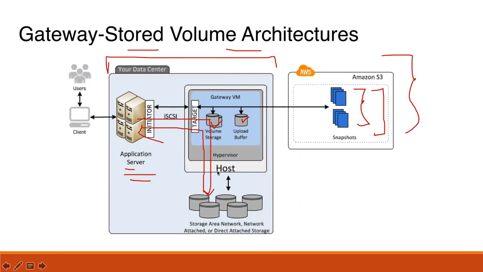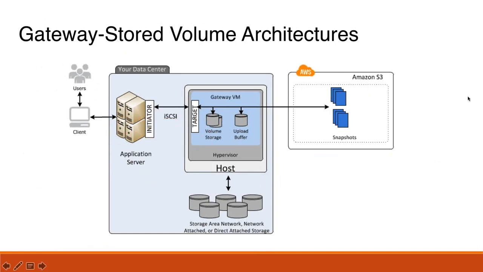Over here, the entire content stays in your data center, whereas you create the backups. It will create the backups asynchronously to your S3 bucket. So the primary data stays on your local or on-premises.